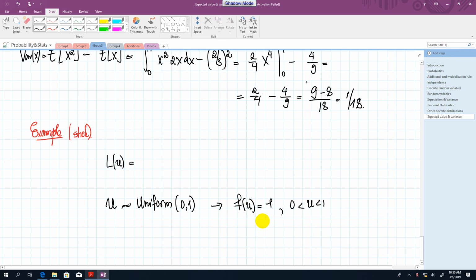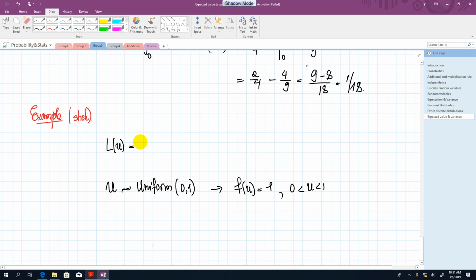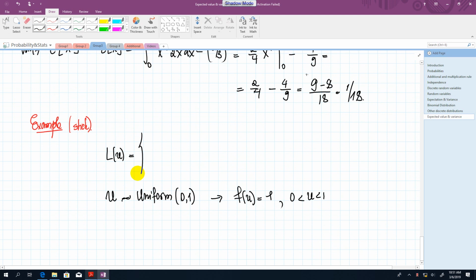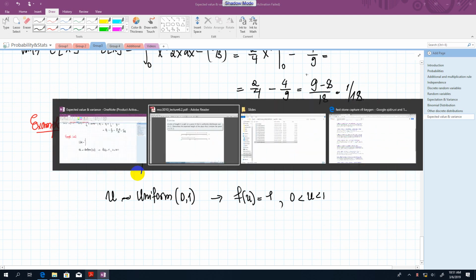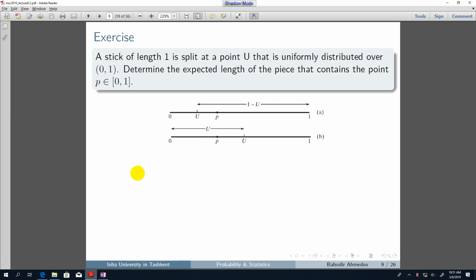Okay, now let us define L of u, the length. So let's assume that P is here. If you cut at u here, what will be the length of the side which has this? 1 minus u, right?